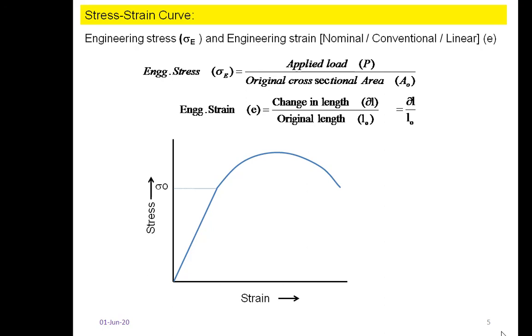Sigma 0 here represents the yield stress, and the ultimate tensile strength it is shown, and there is a fracture strength. So this is the engineering stress for the ductile material. Engineering stress versus engineering strain. Generally this graph it is plotted after carrying out simple tensile test of a specimen.